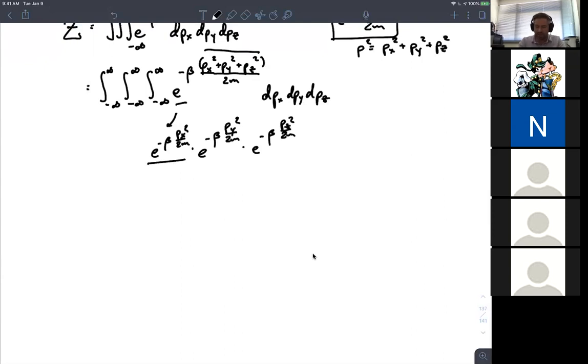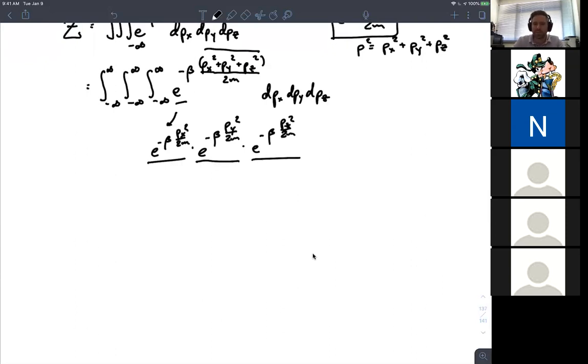This part of the integrand only depends upon px, this part only depends upon py, and this part depends only upon pz. And so what you have essentially are 3 independent integrals that you're just going to wind up multiplying together.